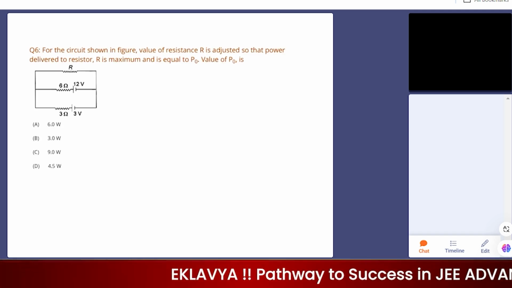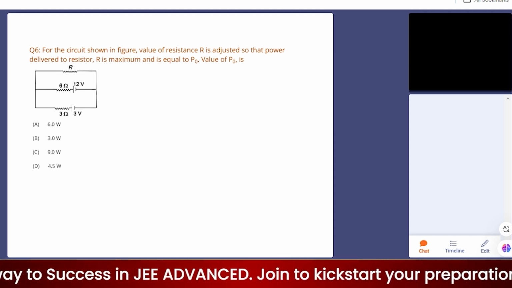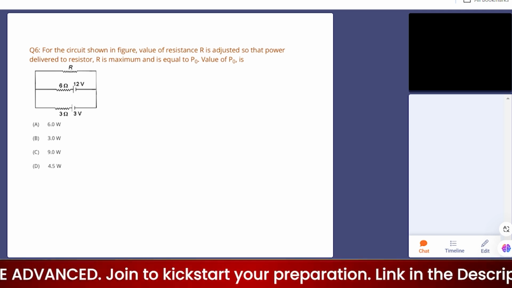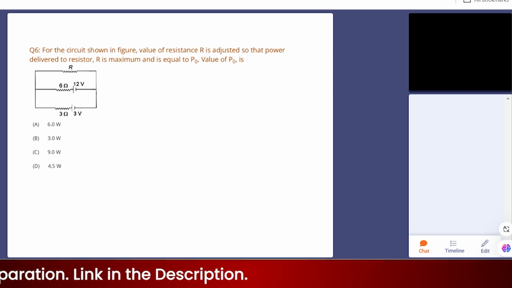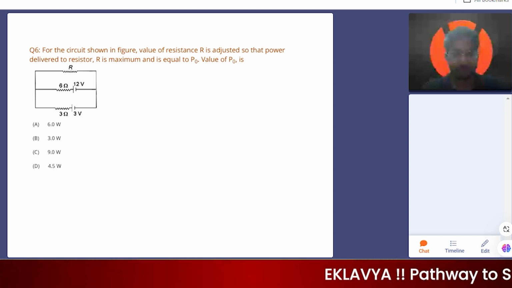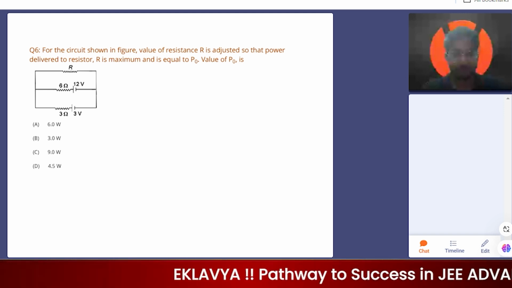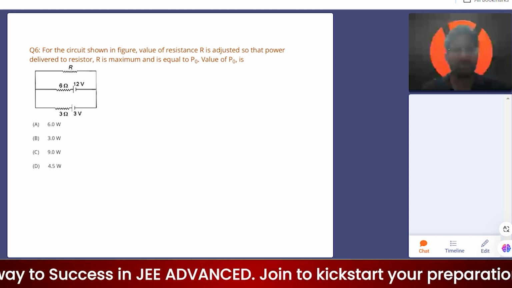Question number 6. For the circuit shown in the figure, the value of the resistance R is adjusted so that the power delivered to the resistor R is maximum and is equal to P0. The value of P0 is what they are asking.